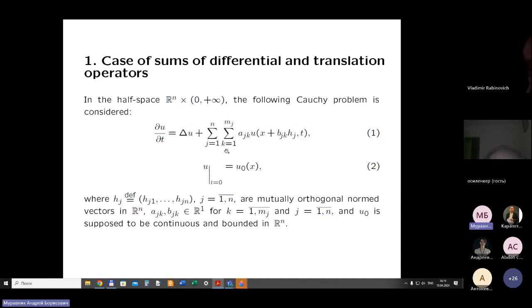So you see the index j counts translation vectors, and the index k counts the number of non-local terms of the equation translated in the direction of each vector.